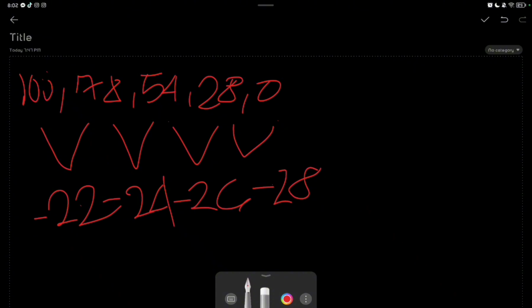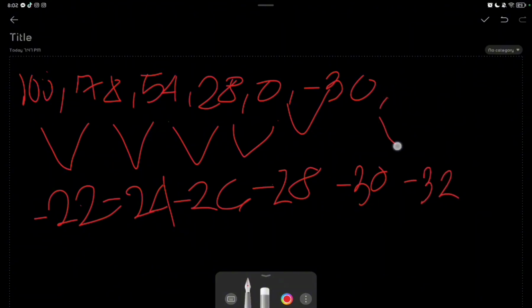We will subtract it. So 0 minus 30 is equal to, obviously, negative 30. And then, negative 30 minus 32. So, obviously, it is negative 64. I mean, 62. It is 62.